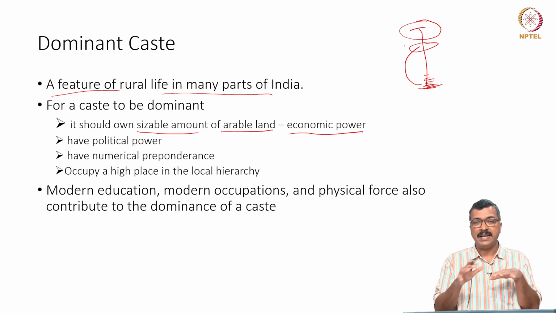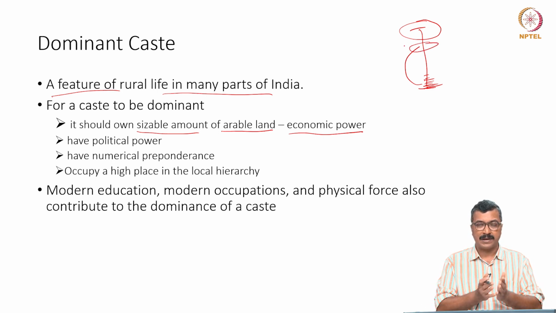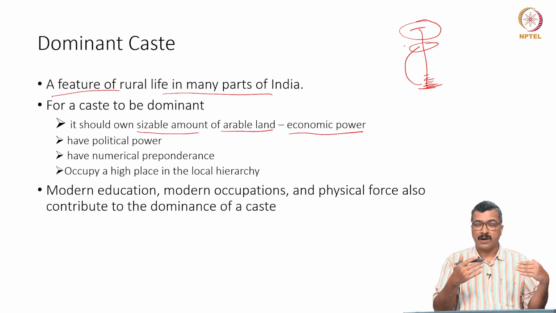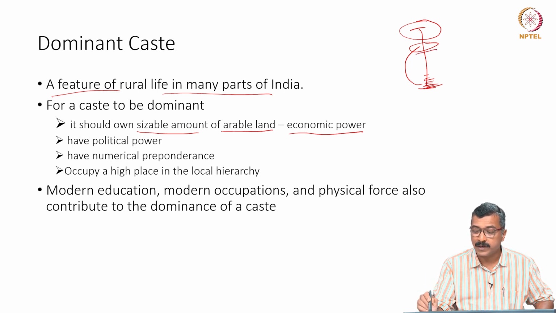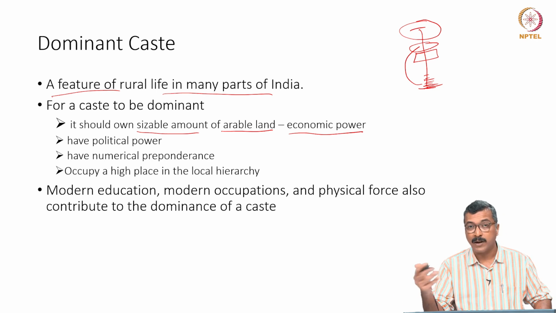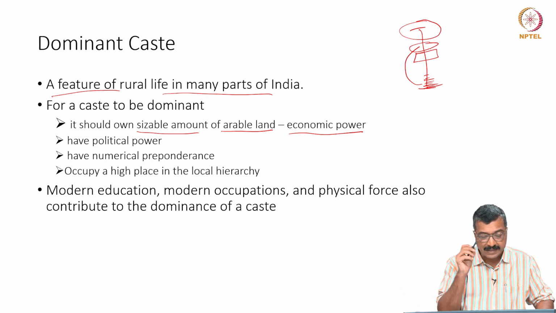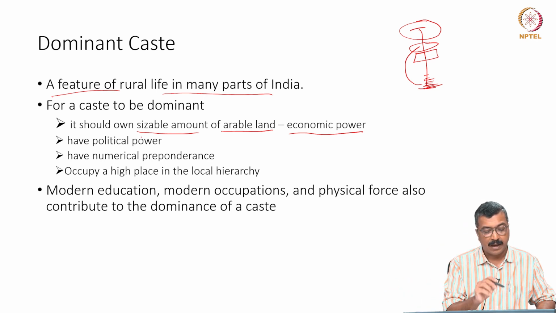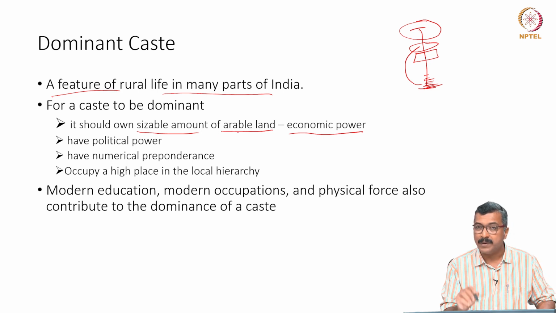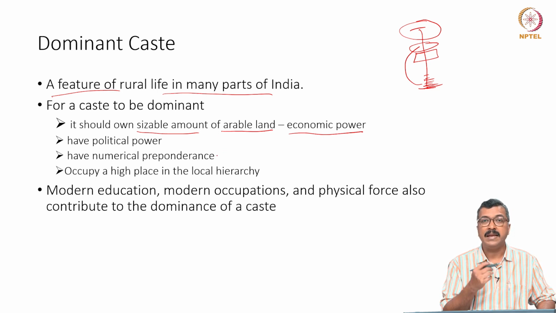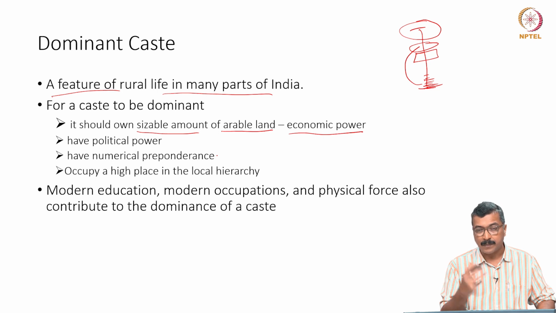Because of this nature of dependence, in a rural scenario your entire livelihood depends upon the job opportunities provided by the landowner or landlord. That is the very reason why the amount of sizable arable land one owns is an important factor determining whether a particular caste becomes the dominant caste or not.